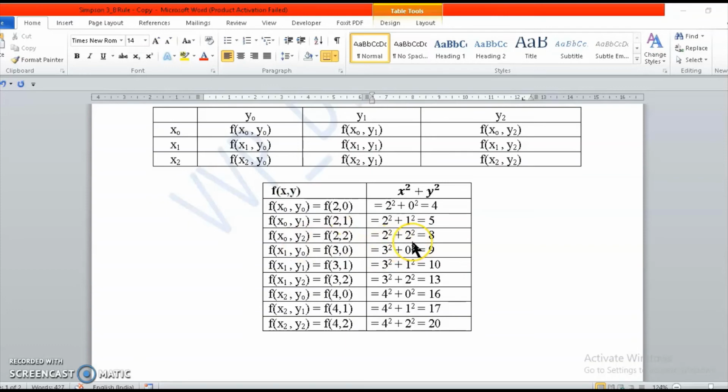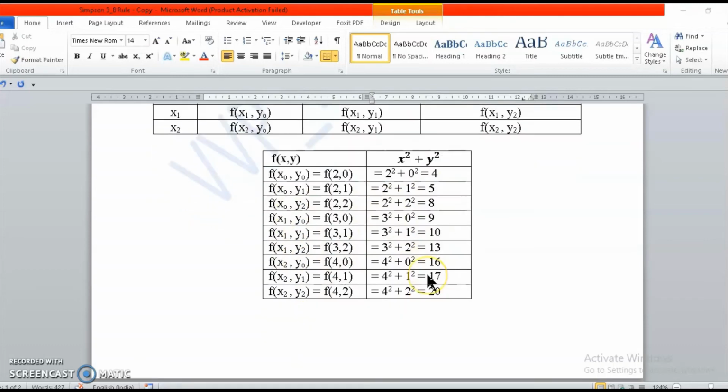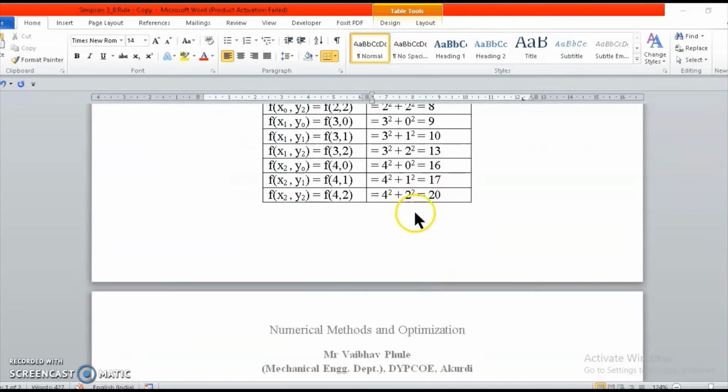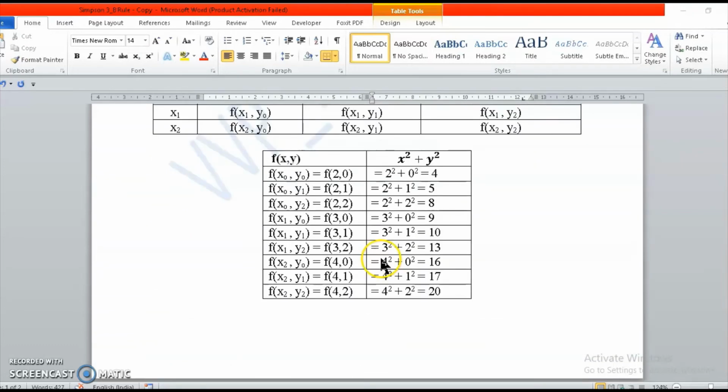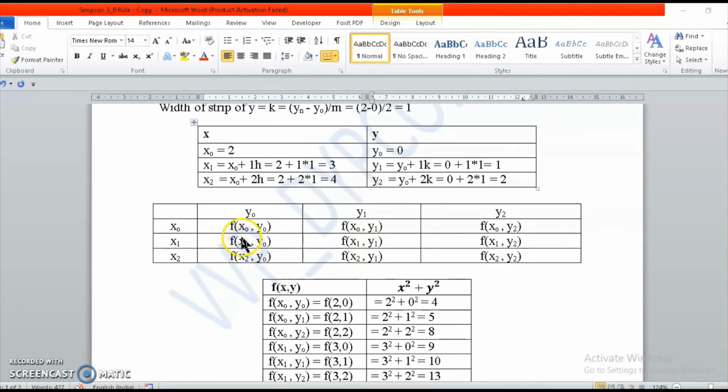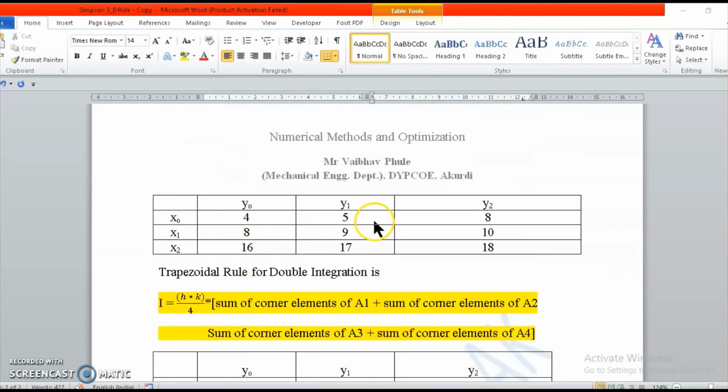So 2 square plus 2 square will be 8. Similarly, you can calculate the remaining terms like this, and then again we have to copy this table, and now we have to write all the values we have calculated. So I have written here all the values.